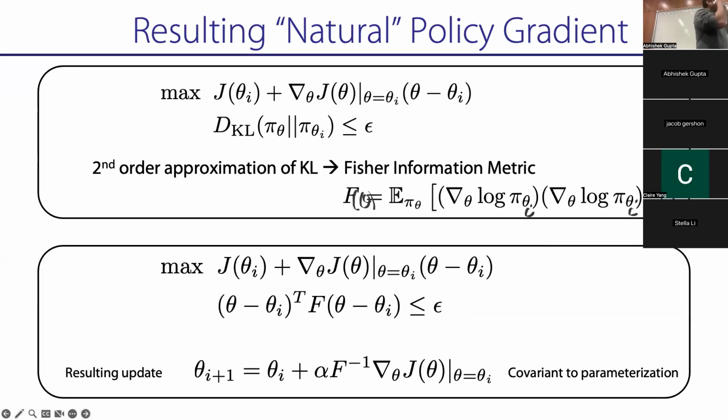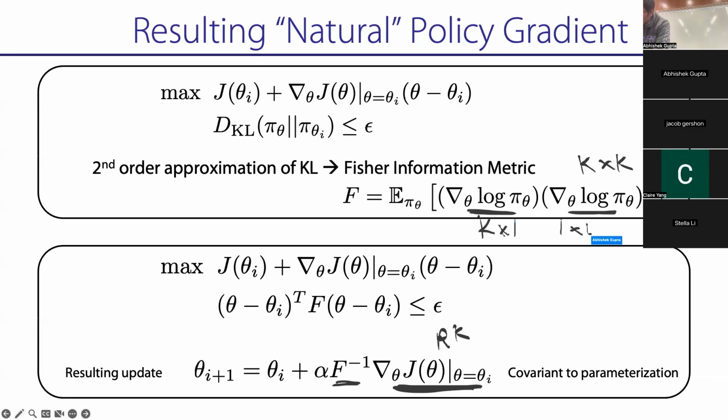One thing that makes this tricky, let's try to understand this more carefully. In policy gradient, we computed this gradient. Let's say your parameters were k-dimensional. This is an R^k vector. Now your F is going to be an outer product of gradients, so this is k by 1 and this is 1 by k, which means your matrix is k by k.